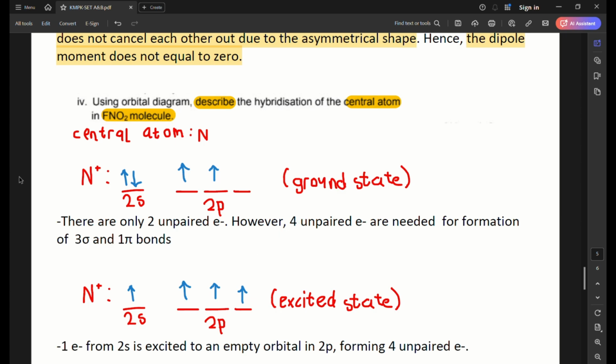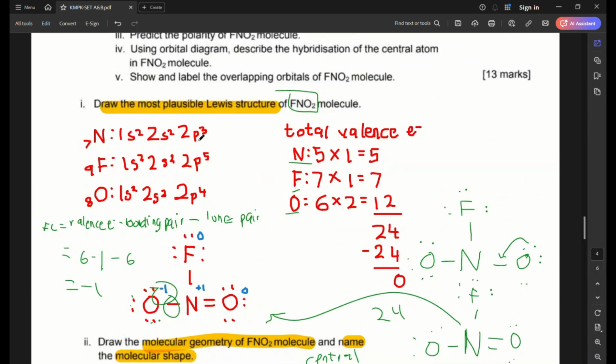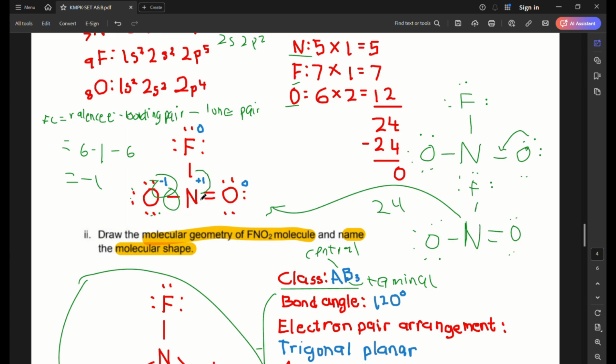The center atom we determined is N. Since it is N plus, that means it has given away 1 electron, right? Originally, nitrogen is 2s2 and 2p3, but since it has given away 1 electron, it should be 2s2 and 2p2 only, because one of the electrons is given away, hence making it N plus. We know it's N plus from the formal charge.